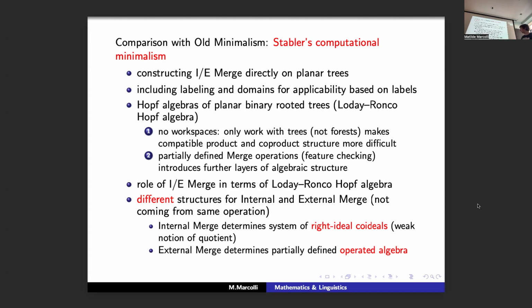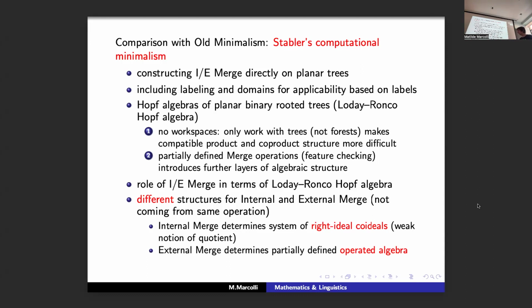It's an associated kind of quotient structure, but because your Hopf algebra here is non-commutative, it's not an actual quotient because you don't have all that many two-sided ideals. But it's something that replaces the notion of quotient for non-commutative Hopf algebras.